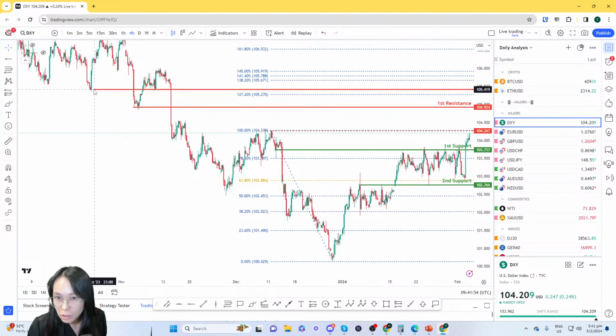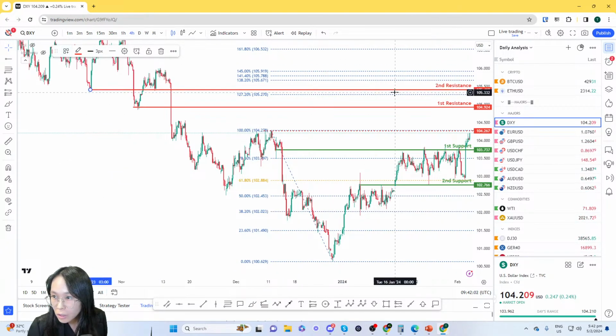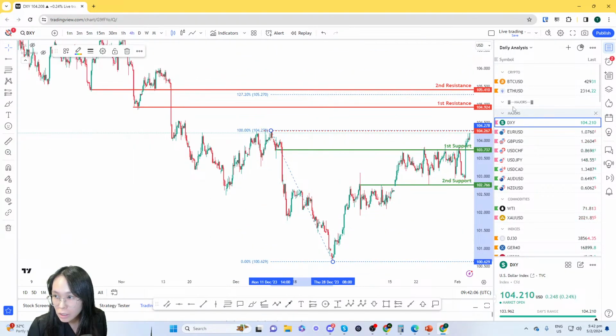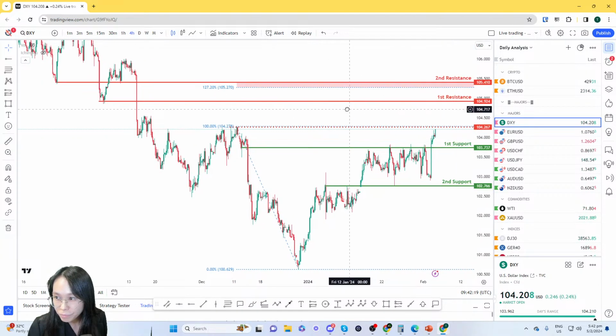I can pick this level for my second resistance. So I'm going to highlight this 127 extension together with the second resistance. This whole area here will be my resistance area.